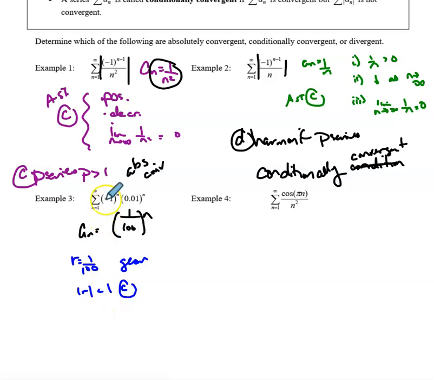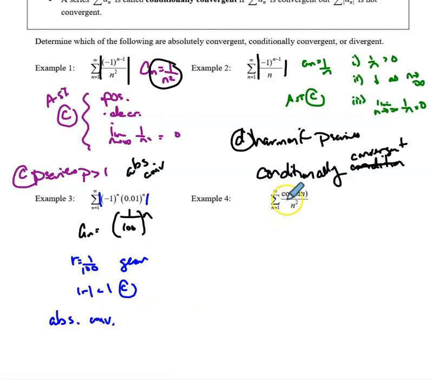So that means that the absolute value of this series converges, and that means this series is absolutely convergent, and I don't even have to do the alternating series test. So if I can show that the underlying series converges, then the series flat out converges, and it absolutely converges.